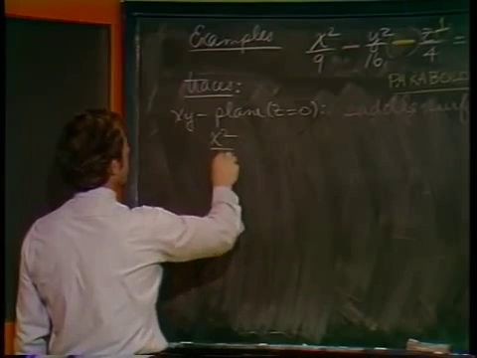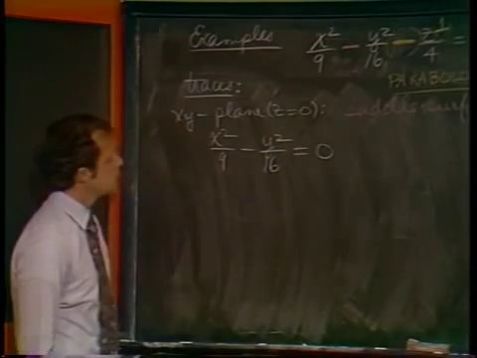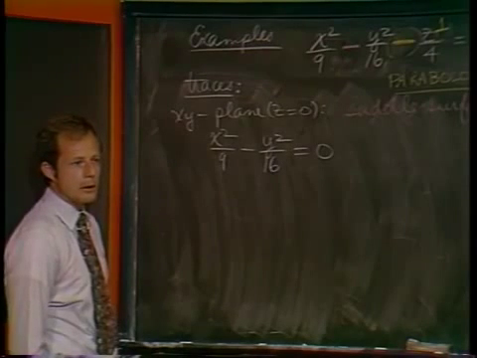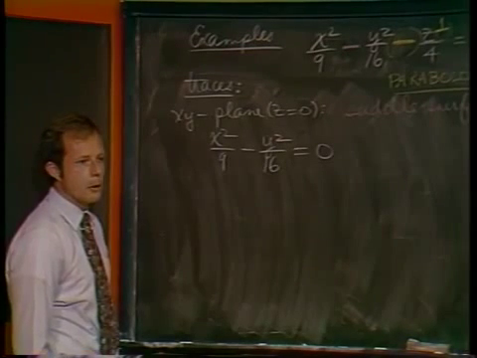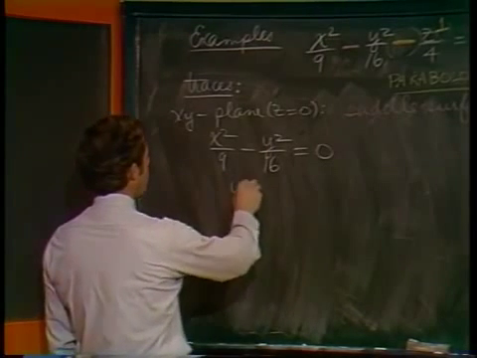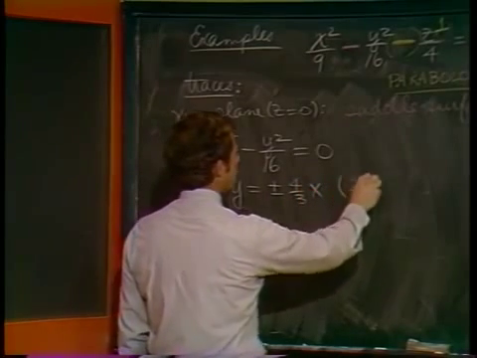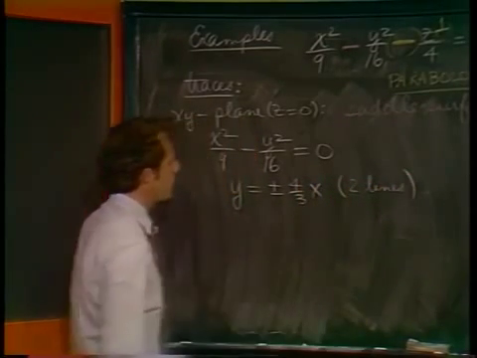X squared over 9 minus y squared over 16 equals 0. Sound familiar? Should. What is it? Pair of lines. Y is plus or minus 4/3 x. Pair of lines there.